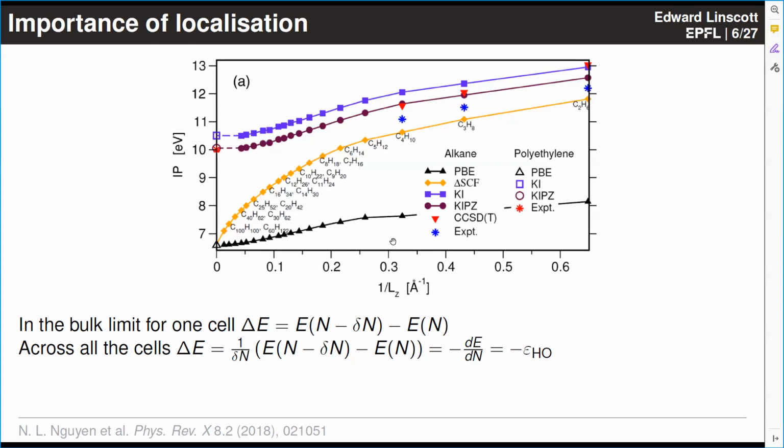Would you get the same result, converging to the same value, even though we start from different values? No, they would stay separate. The exact DFT will get the right result. They'll differ by the derivative discontinuity, but you wouldn't have them converging to the same result. They don't match, and you don't get this relationship.